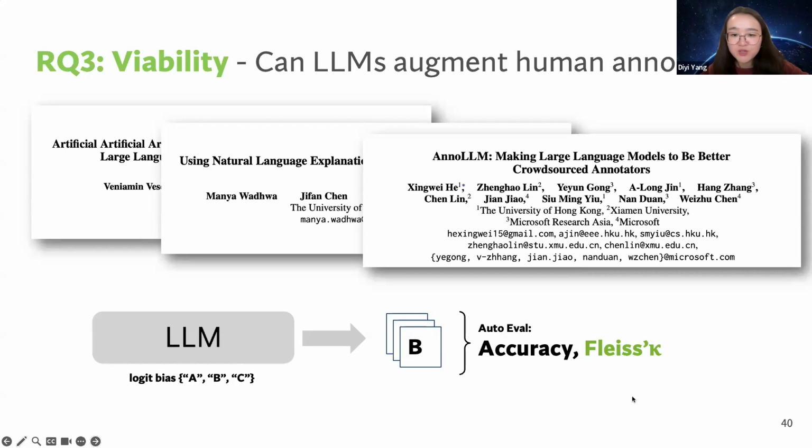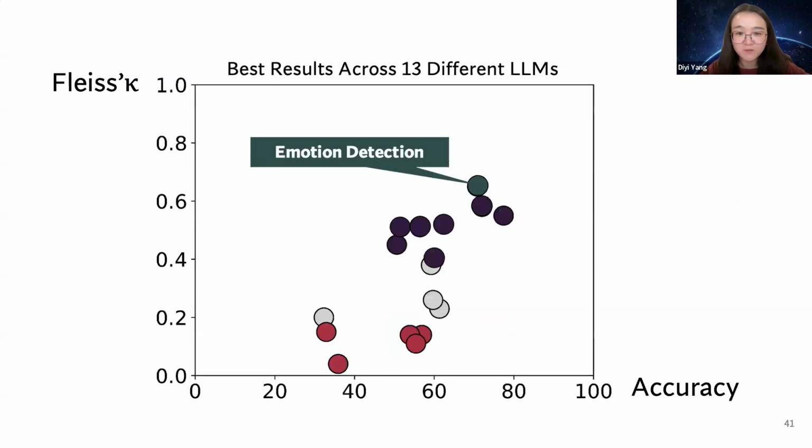So what we are going to do is just calculate the Fleiss' kappa agreement between the zero-shot model labels and the labels from humans. In this way, we can compare to what extent the human annotations are aligned with large language model annotations. I'm going to use this figure to show you the results.